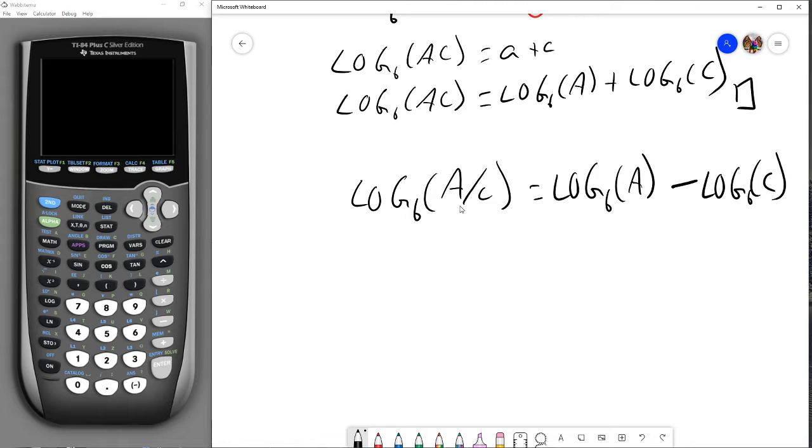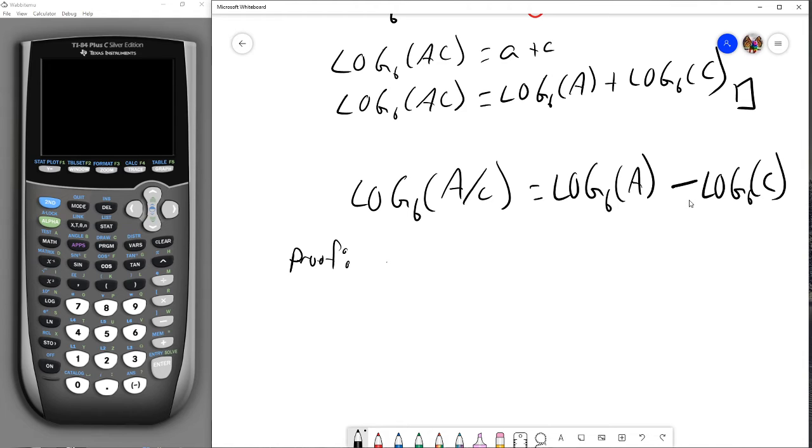Now when we have division, we get subtraction. The proof for division is very similar to that of the multiplication law, and we can go ahead and do that real quick.